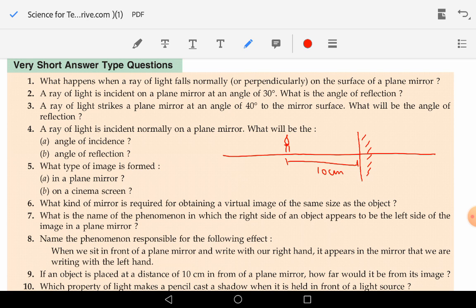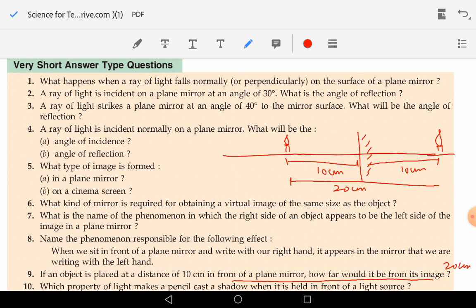You all should know that the image also appears to be formed 10 centimeter behind the mirror. So what is the total distance, or how far is the object from its image? Can we say that the total distance is 20 centimeter? So the answer to this question is 20 centimeter.